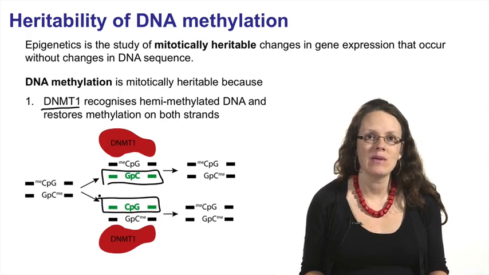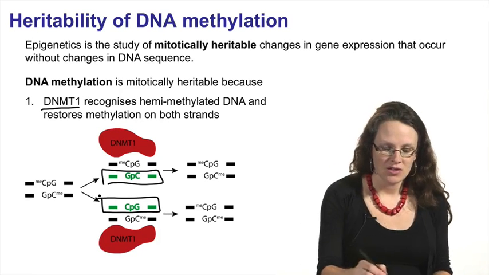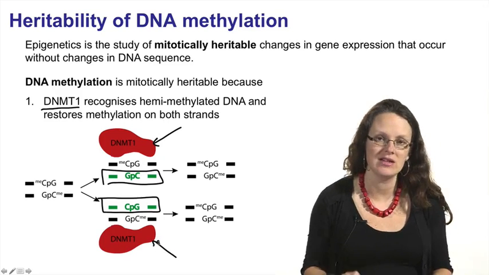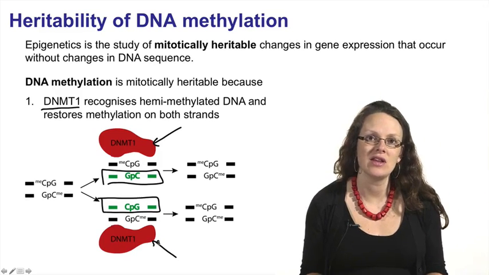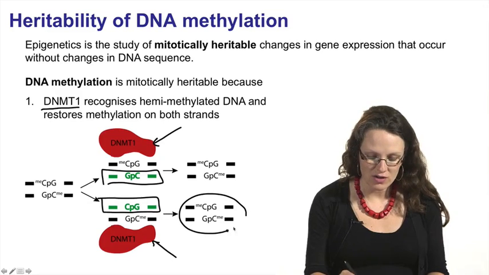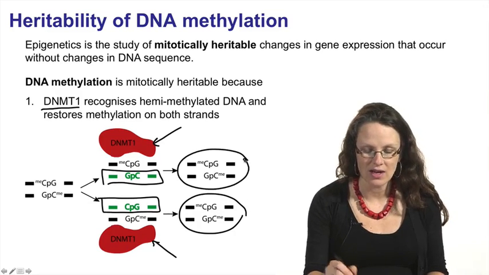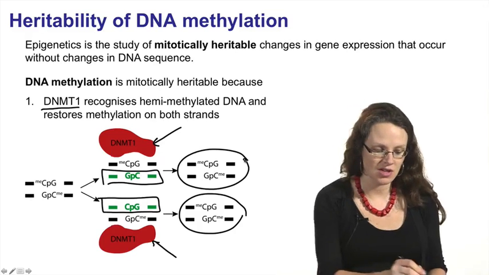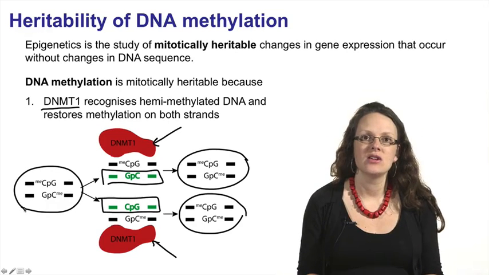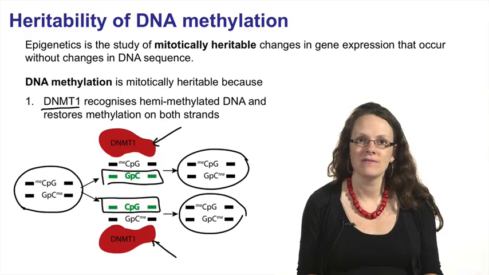And so this is the hemimethylated DNA. So DNMT1, here shown in red, then recognises this hemimethylated DNA and restores DNA methylation to each of these new daughter strands so that you now have two copies of the DNA and they're methylated on both strands, just like the original was. So this is how we have this mitotic memory of DNA methylation.